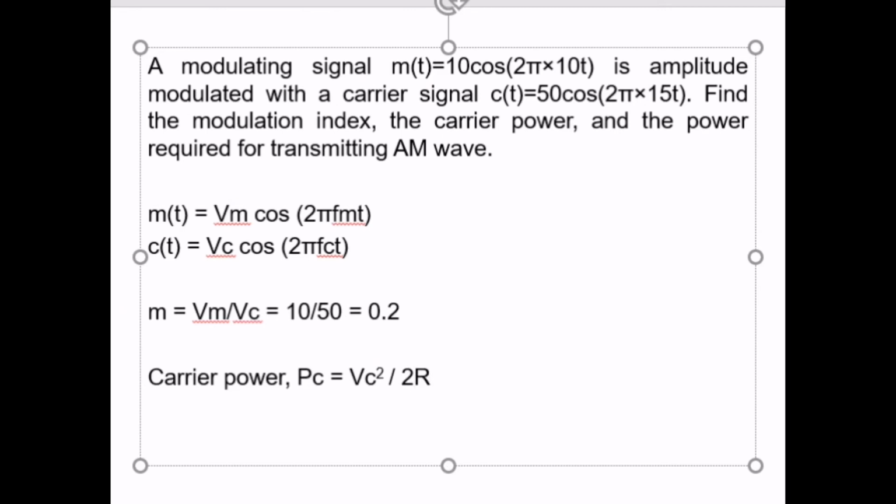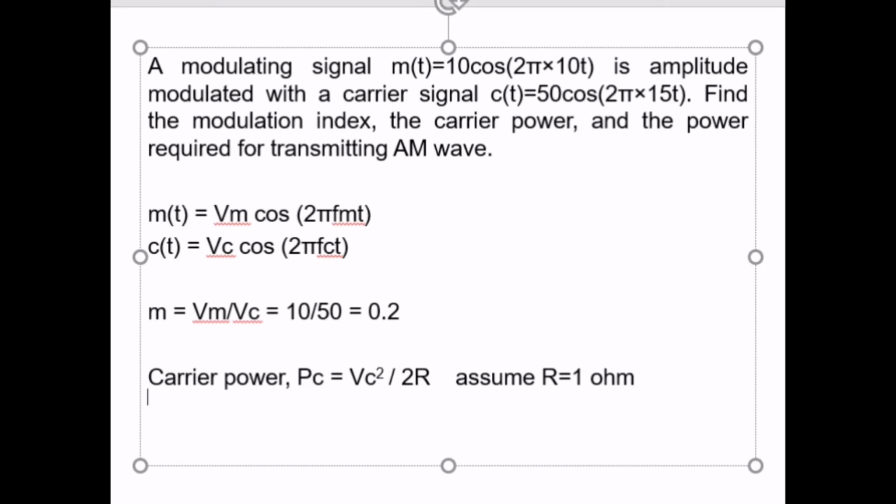So this is the equation for the carrier power, Vc square over 2R. Vc, they already gave it, which is this 50 volt, and R we can assume, so in this case we just assume R equal to 1 ohm.